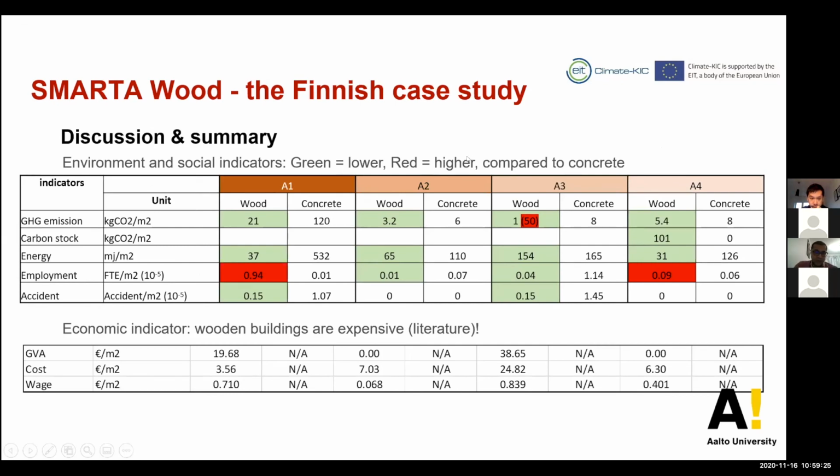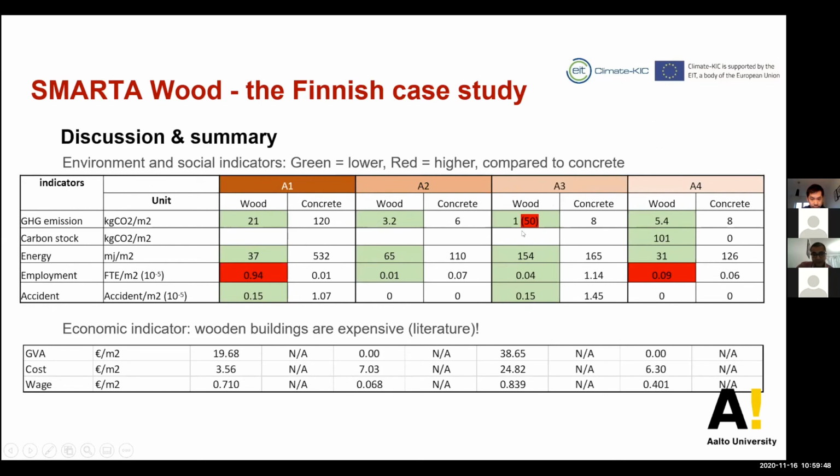Now I want to summarize what we got. So these are four different stages, and we have wood and concrete. Green means lower, and red means higher compared to concrete. As you can see, in all these parts it is mostly green.